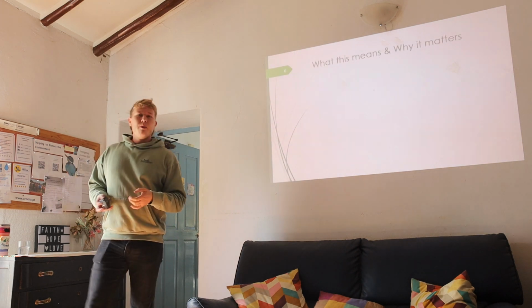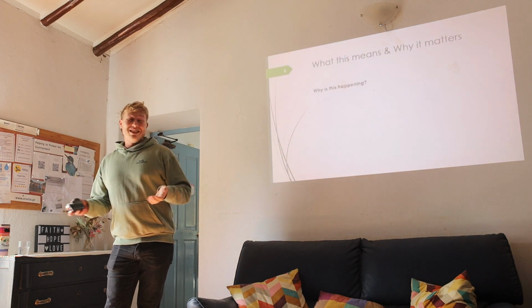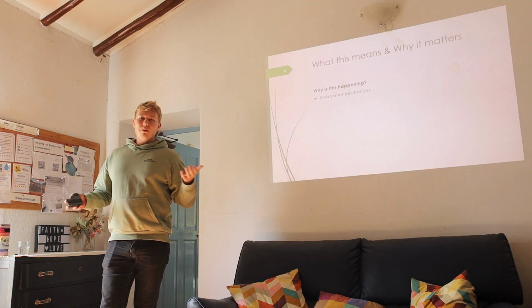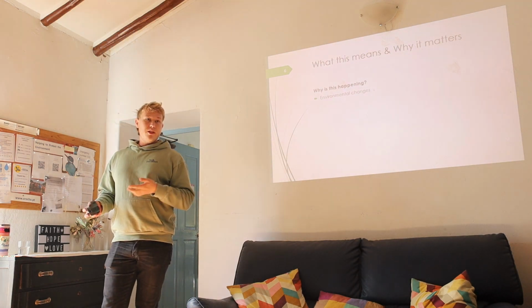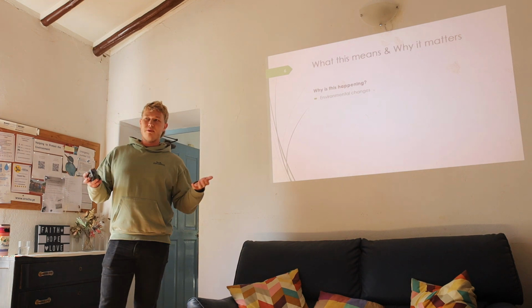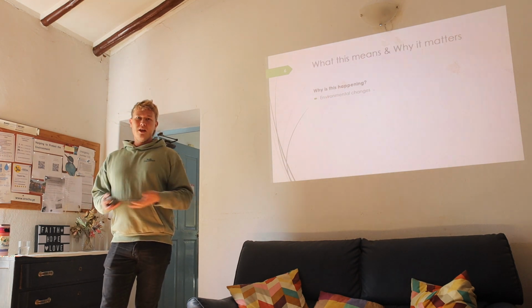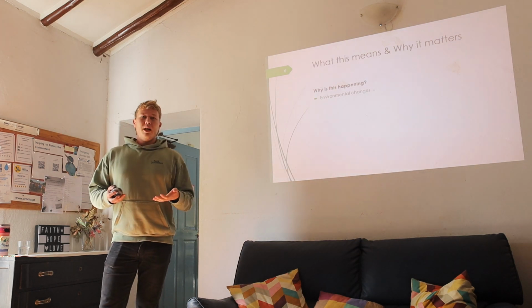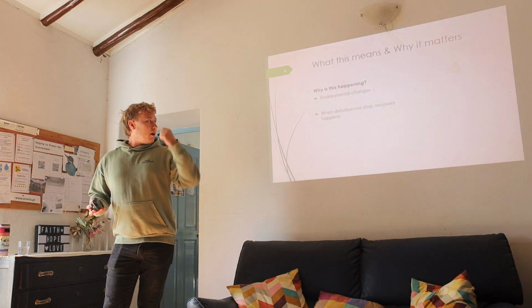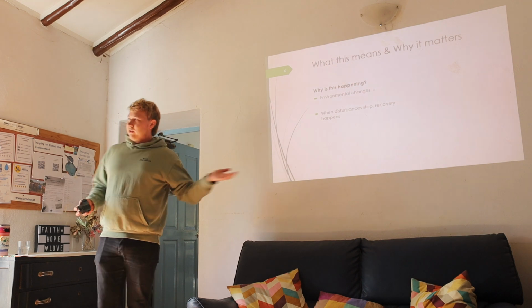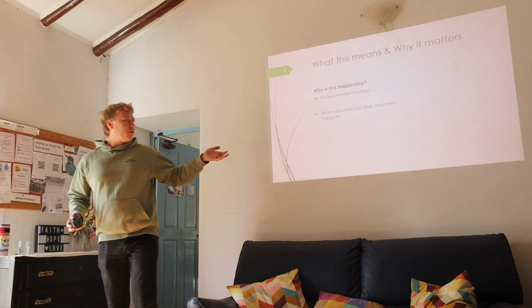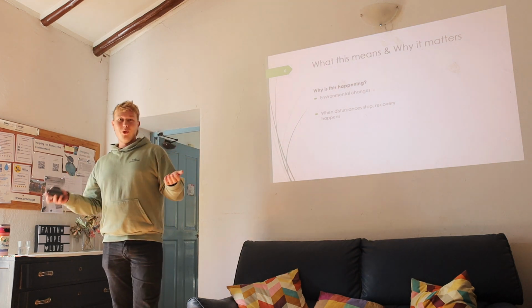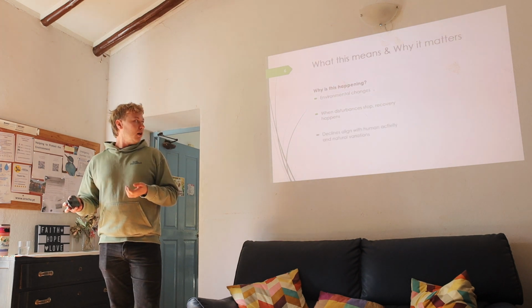What this means and why it matters. Why is this happening? As I mentioned before, due to environmental changes in the estuary, and an estuary is very dynamic, so it's influenced a lot by the ocean, but also by the rivers that feed it. And when disturbance stops, as you all could see, the recovery happens, which is of course a really good thing.